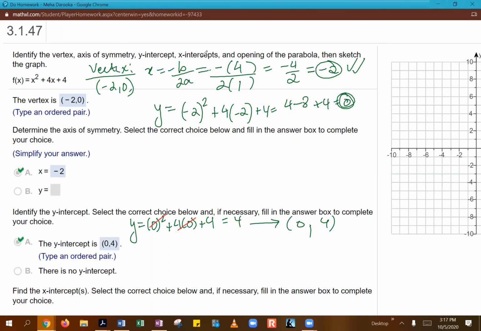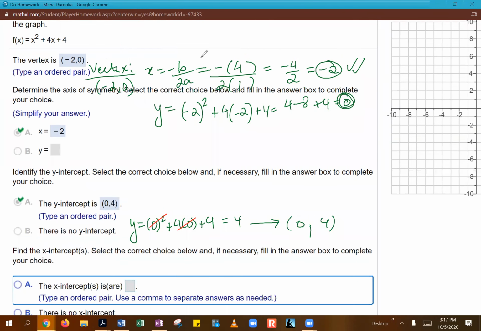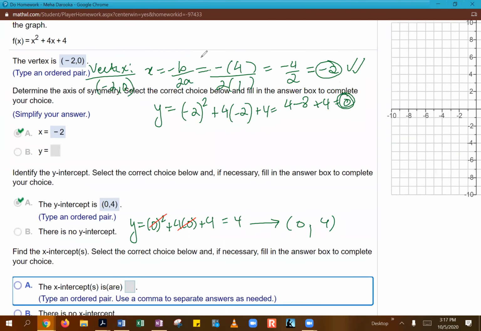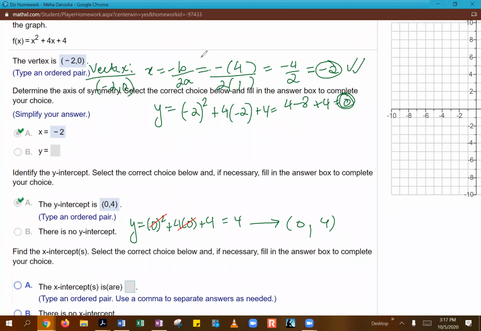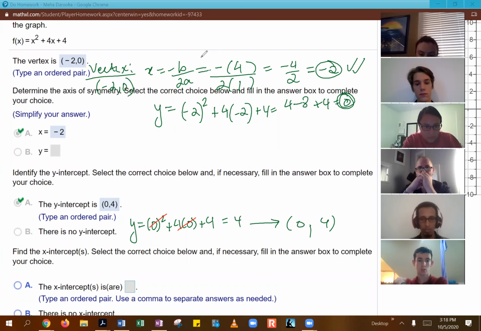Your next question is going to be, how do you find the x-intercept? So let me see what you come up with for the x-intercept.